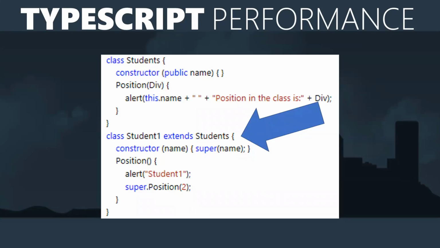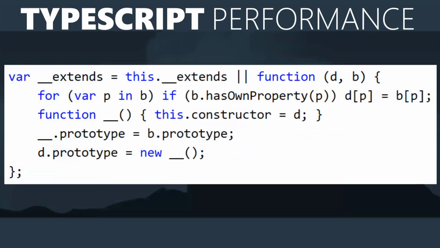The reason for this is that extends goes through all of the properties and it changes the constructors for those objects one after the other. So every time you create a new object, you have to go through all of the prototypes. Those prototypes have then got inheritance built on top of it. So often what you'll find is sometimes you can be going through 5 or 6 different objects to be able to get to the same data.